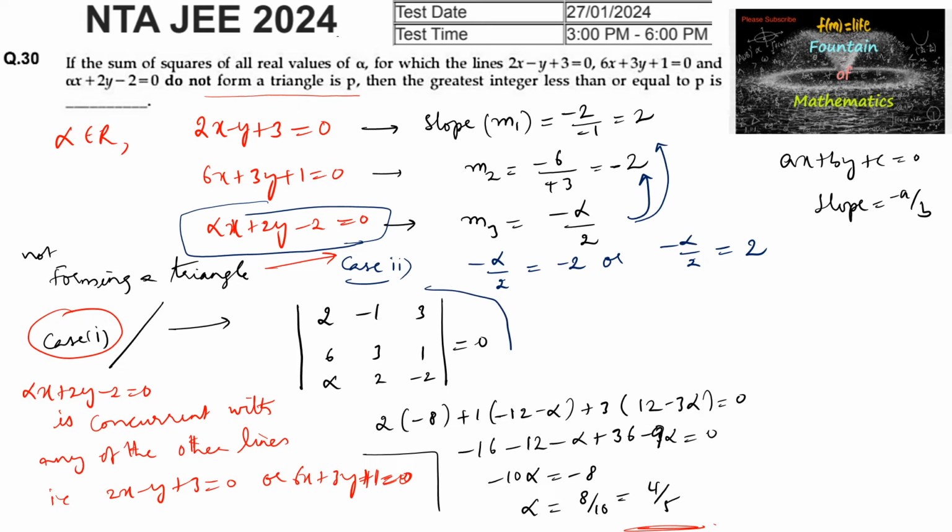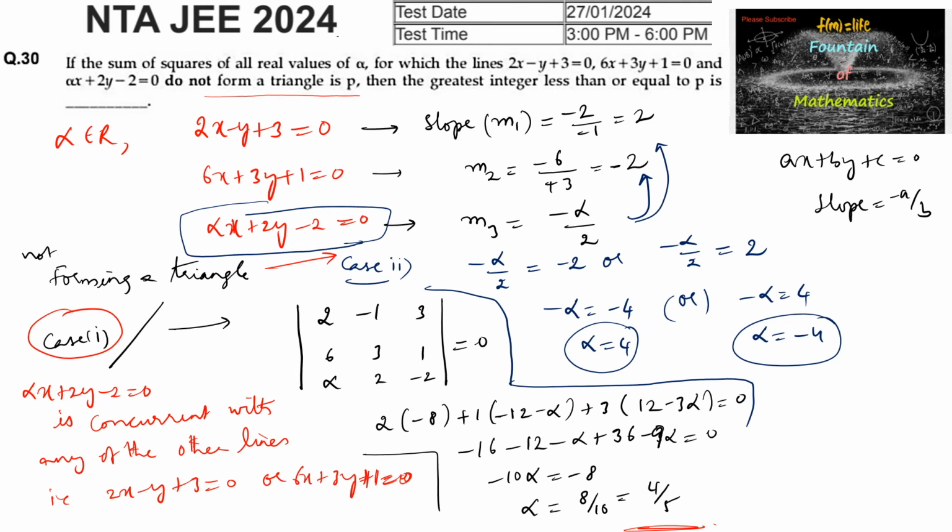So in such a case, we have minus alpha is equal to minus 4, that is alpha is equal to 4, or minus alpha is equal to 4, that is alpha is equal to minus 4. So the three possible values of alpha we got: alpha is equal to 4, alpha is equal to minus 4, and alpha is equal to 4 by 5.